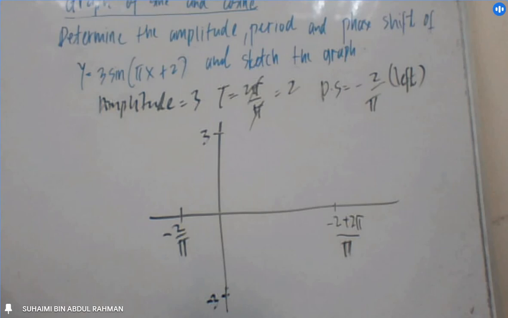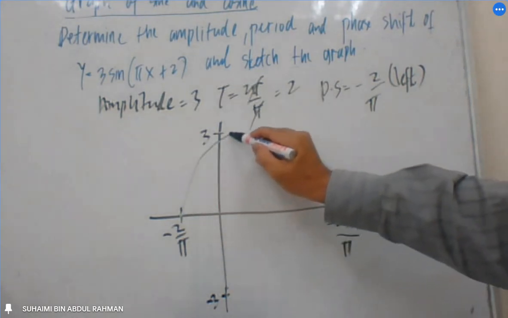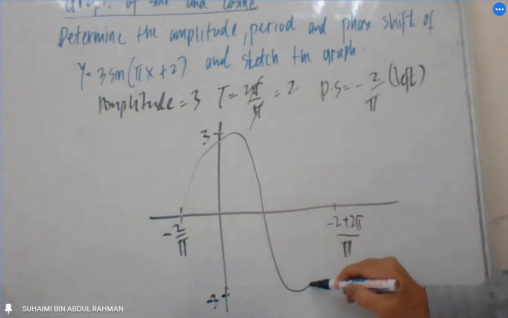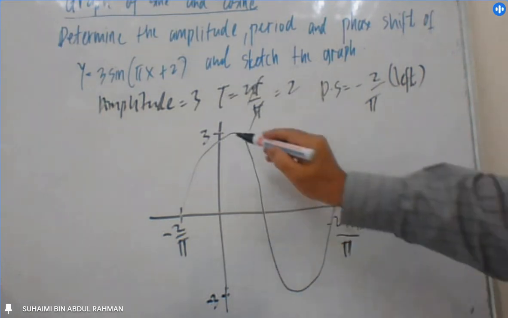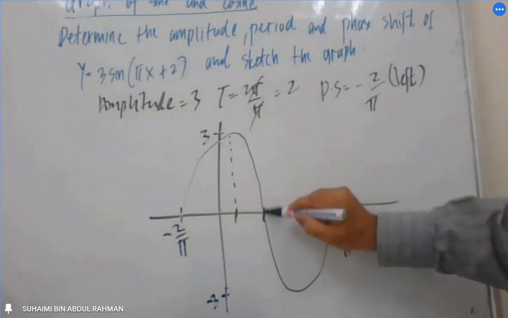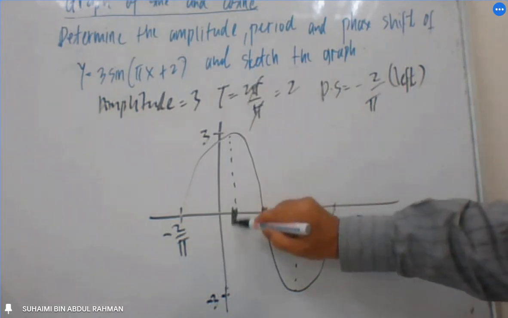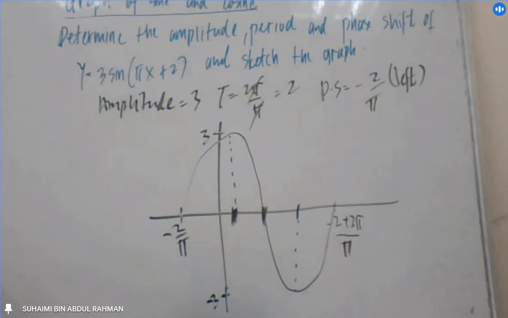The graph that we're going to sketch is the graph of the sine function. The graph of the sine function will be like this. So we need to know where here, what here, what the sine is there.